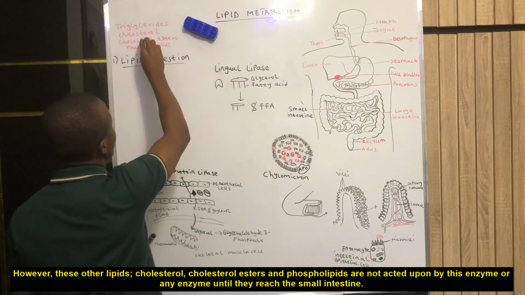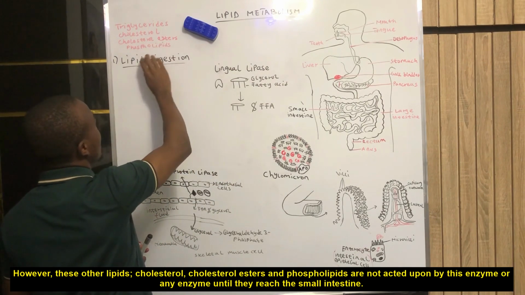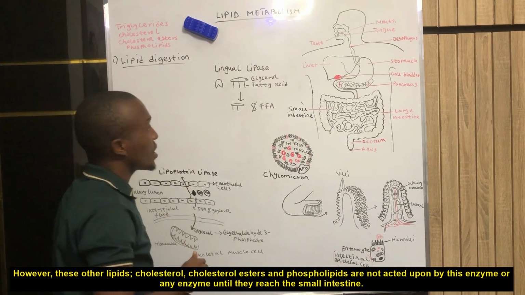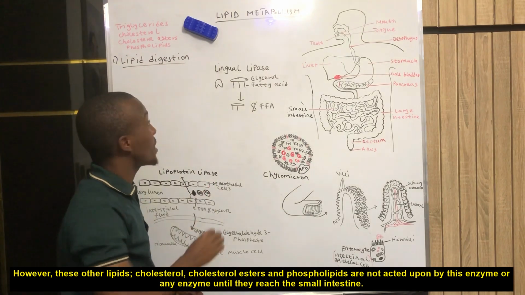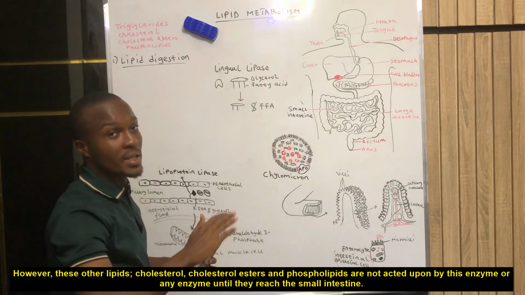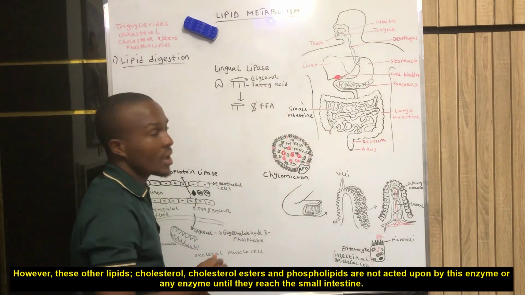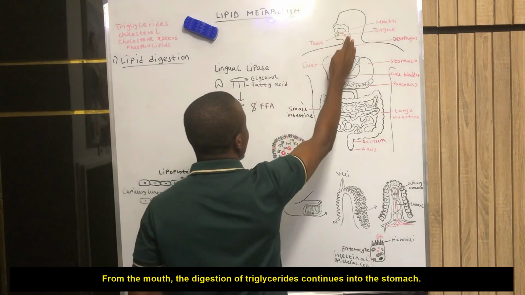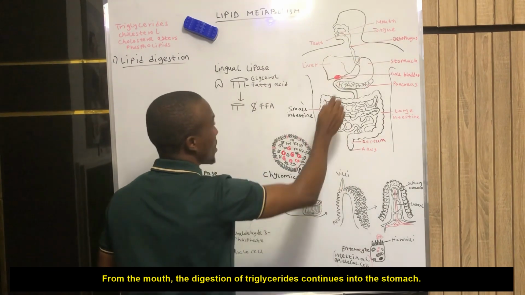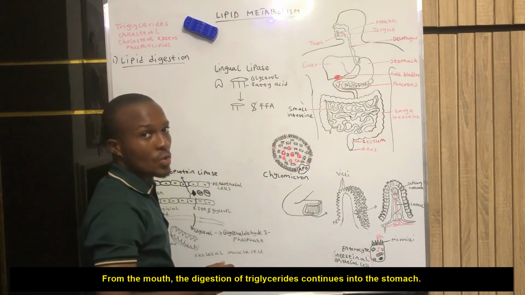However, these other lipids, cholesterol esters and phospholipids, are not acted upon by this enzyme or any enzyme until they reach the small intestine. Now, from the mouth, the digestion of triglycerides continues into the stomach.